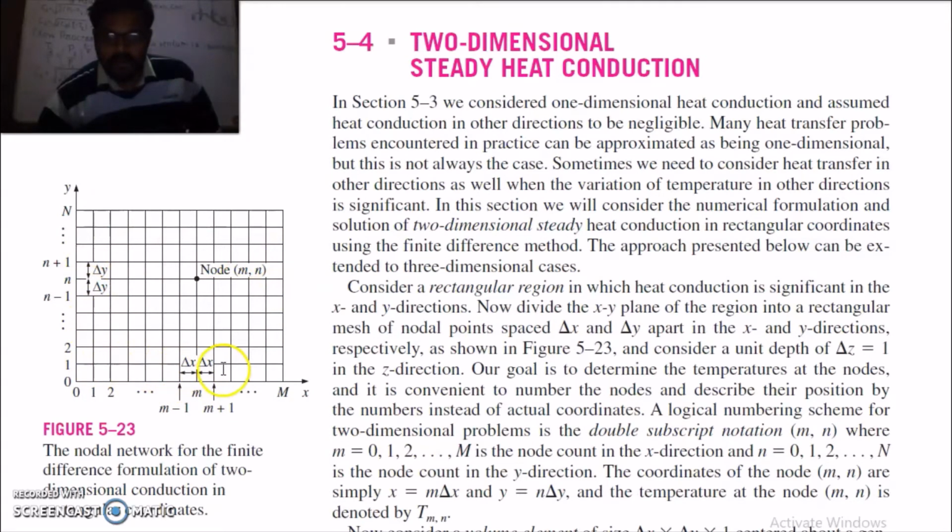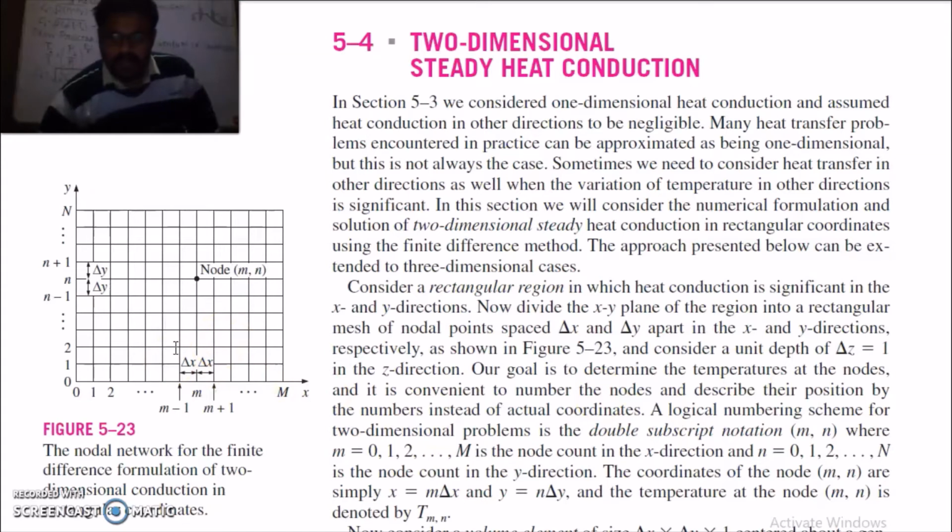Consider a rectangular region in which the heat conduction is significant in the x and y directions. Now divide this xy plane into nodal points which are spaced by the distances del x and del y, while the depth, del z, is equal to 1 in this case in the z direction.